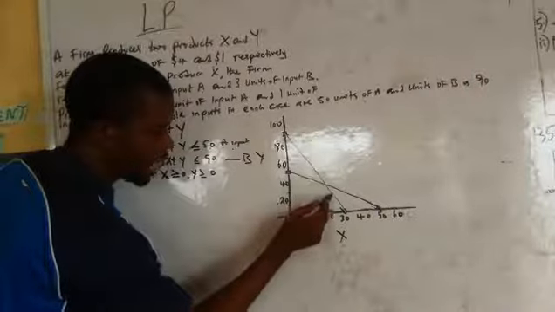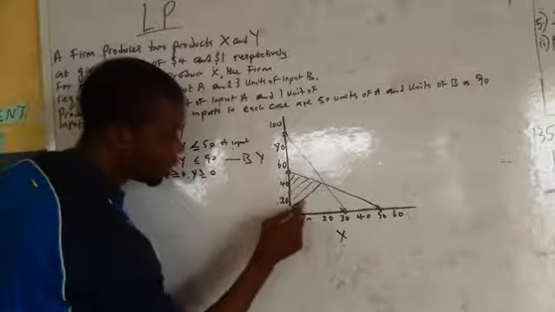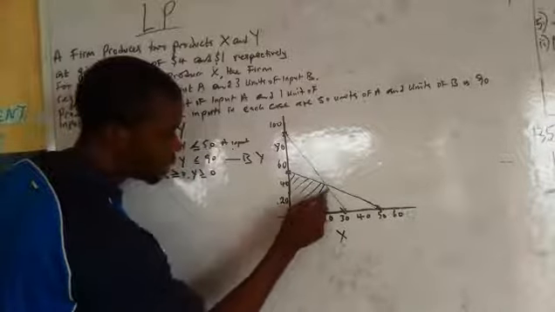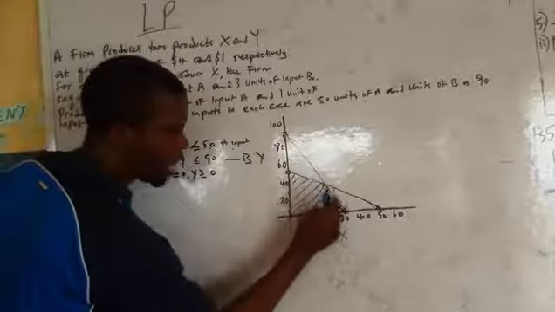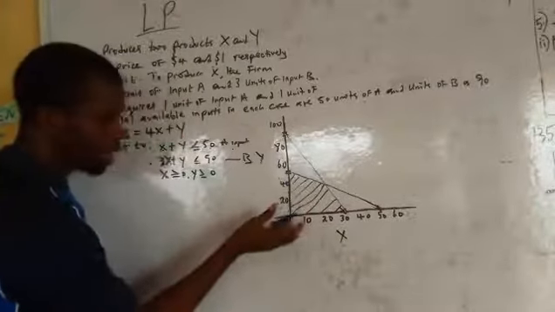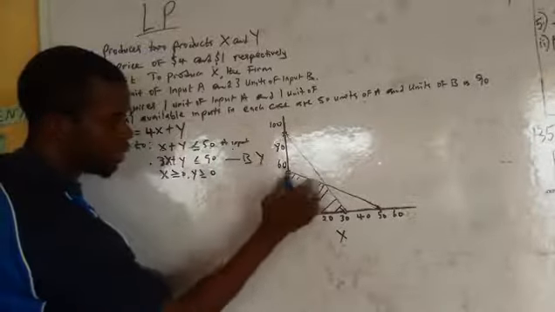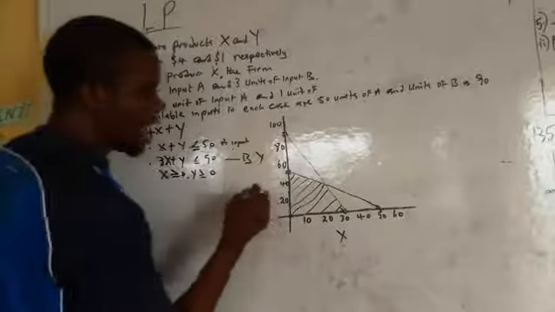We can shade it like this, like this, like this. And you see, we don't go beyond this line, so we only maintain the points within this enclosure to the origin here.